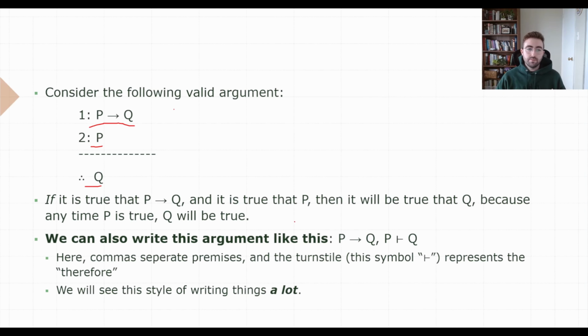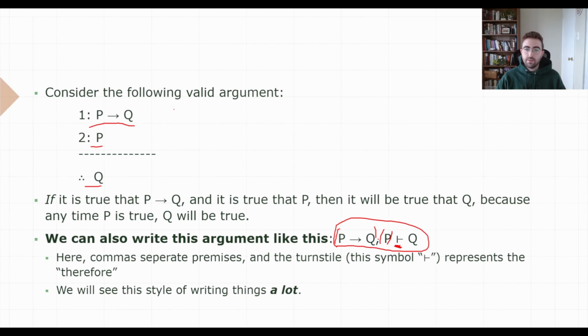But note that we can also write this argument form like this. In this case, we have our premises, if P, then Q, and our premise P, all written out before the turnstile, or the therefore symbol.